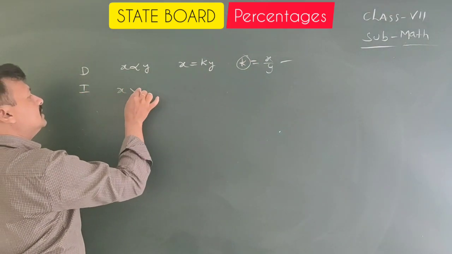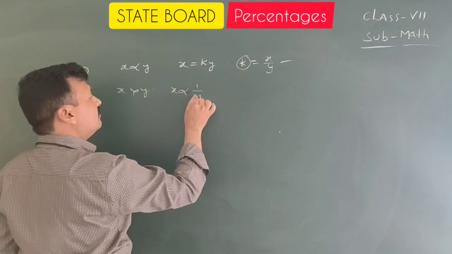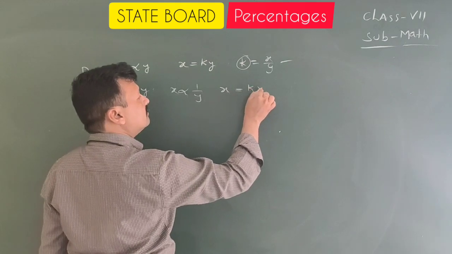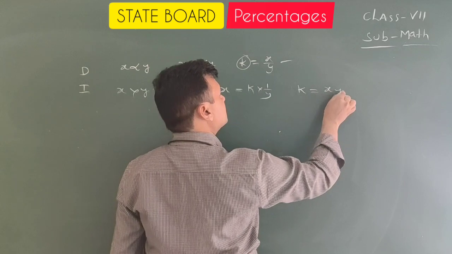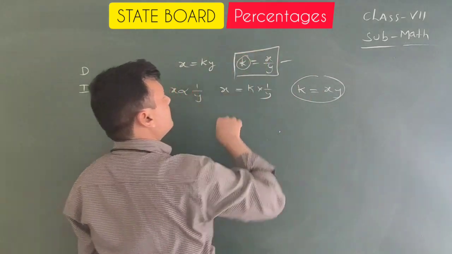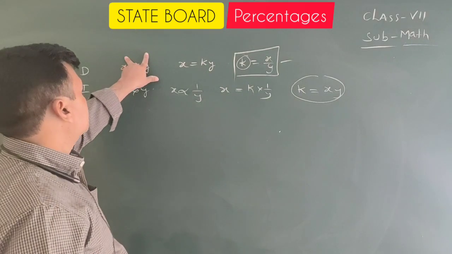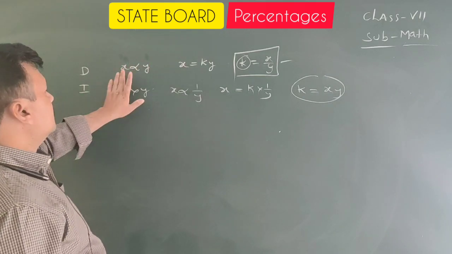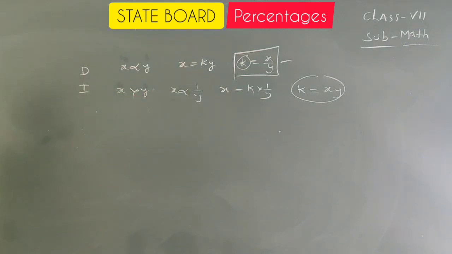Now x is inversely proportional to y means x is directly proportional to 1 by y, x equals some k into 1 by y, meaning k equals xy. The product is the same. In direct proportion, when x increases, y also increases, and when x decreases, y also decreases. In inverse proportion, when x increases, y decreases, and when x decreases, y increases.